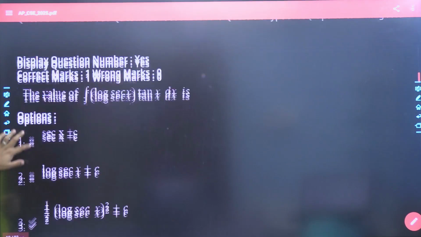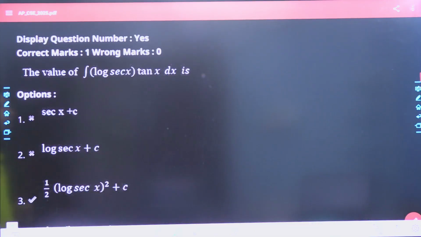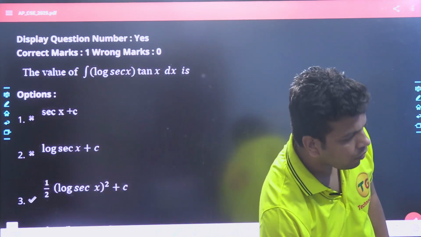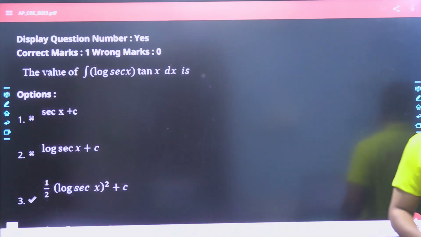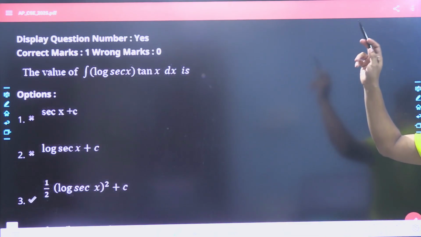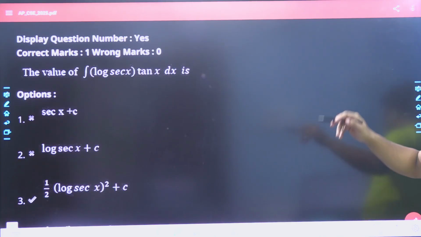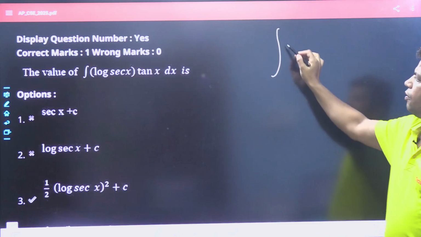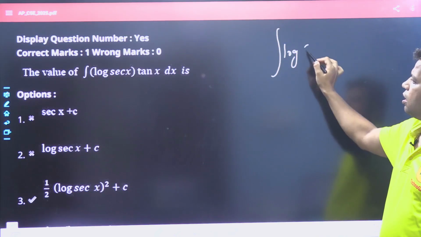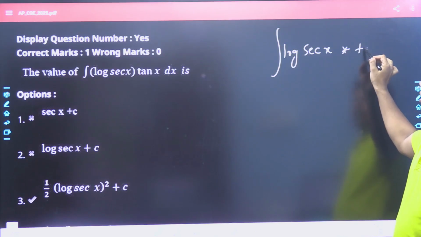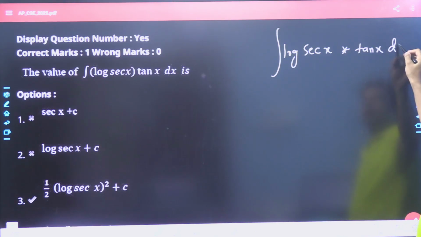If we are taking the integration of log sec x times tan x, so how much is it? See here, the value of the integration of log of sec x multiplied by tan x dx.